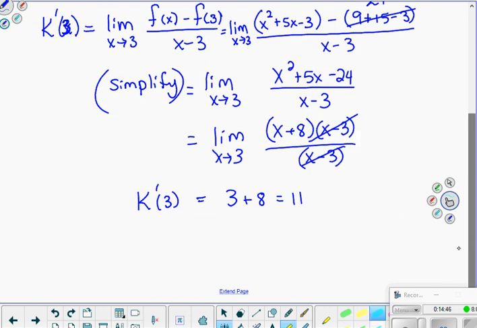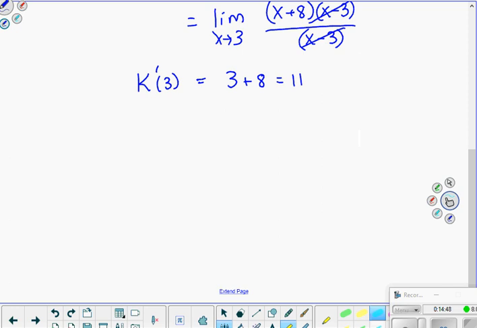Okay, so now we're going to write the equation. So the tangent equation is, my ordered pair was 3, 21, and my slope, k prime of 3, was equal to 11.